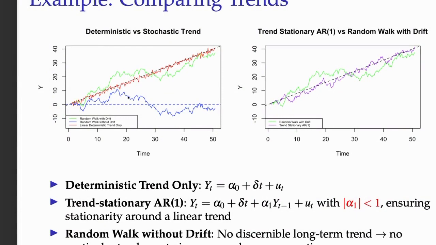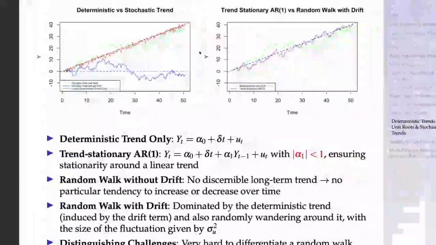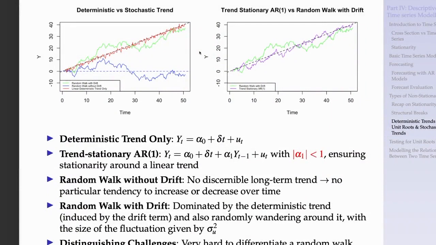The blue line is the random walk without drift. We can see that there's no obvious pattern for it to go up or down. It basically randomly wandered, with no obvious trend. Whereas the random walk with drift is captured by the green line, because the drift component induces the deterministic trend. So we can see that the random walk with drift is dominated by the deterministic trend.